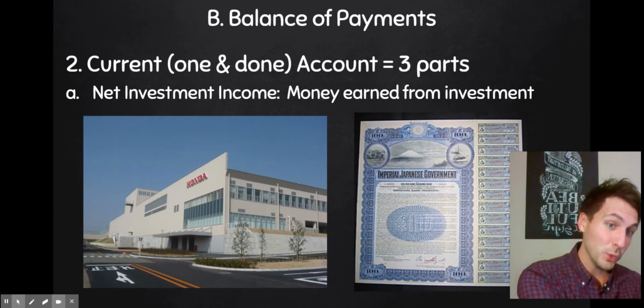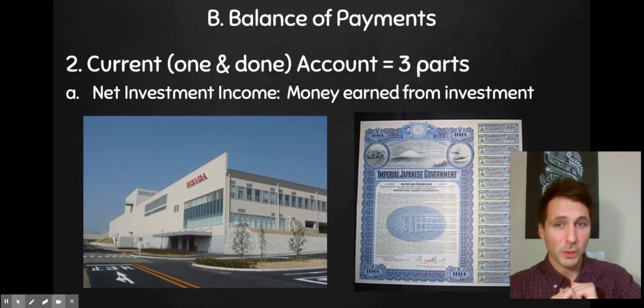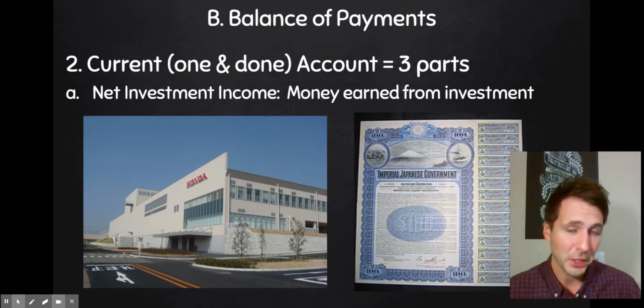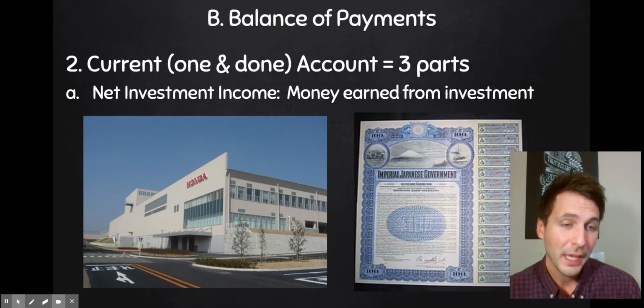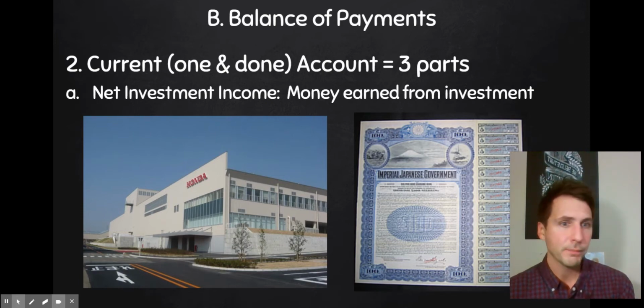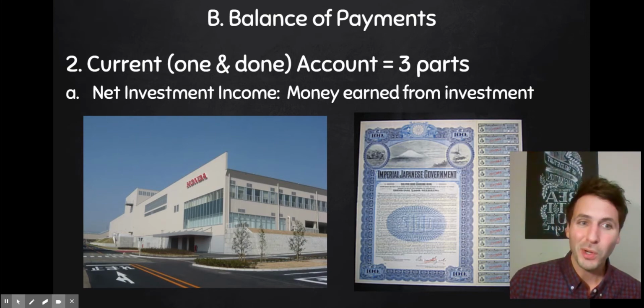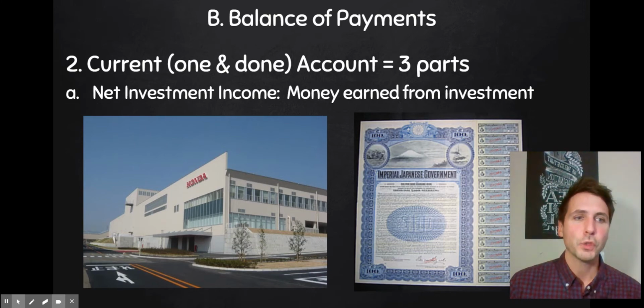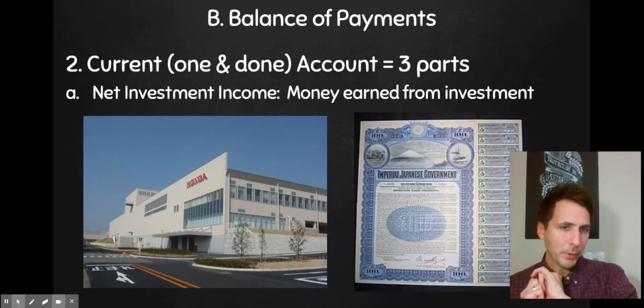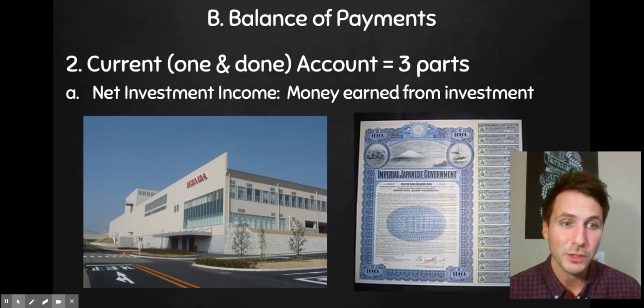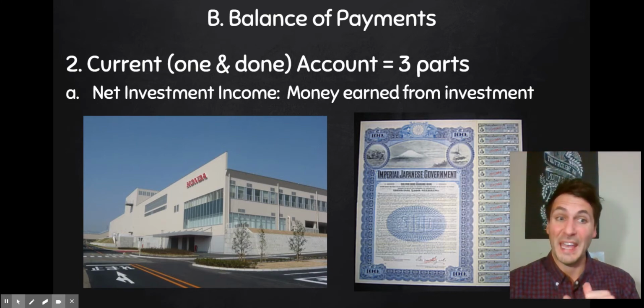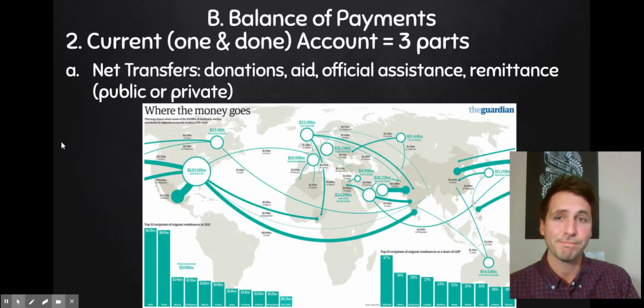That's outflow to Japan, which means that's going to be a negative in our net investment income. And then when the United States investors, let's say Walmart in, I don't know, Mexico, the people who own Walmart are American. So when Walmart makes profit from their Mexican properties, that profit flows to the United States. So that's going to be green, that's going to be positive, that's going to be inflow to the US.